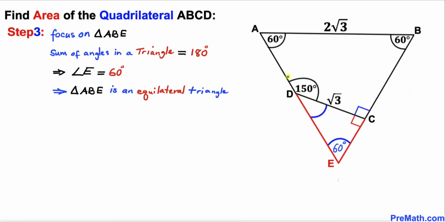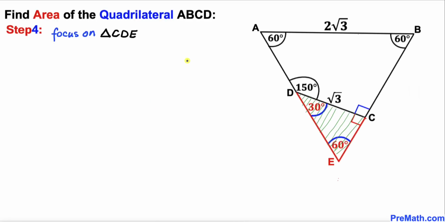Moreover, let's focus on this straight angle, which is 180 degrees. Since this angle is 150 degrees, this angle has got to be 30 degrees. So angle CDE turns out to be 30 degrees. Now let's focus on this triangle CDE once again.